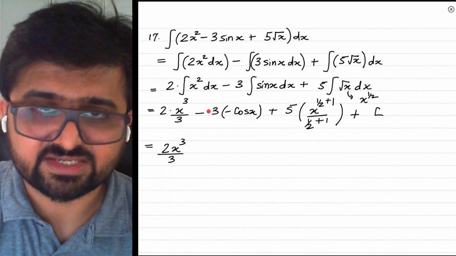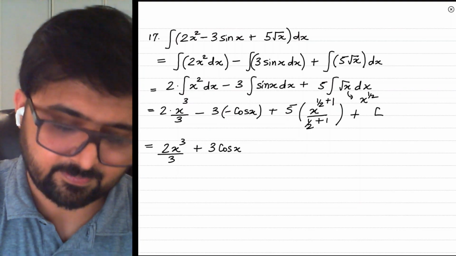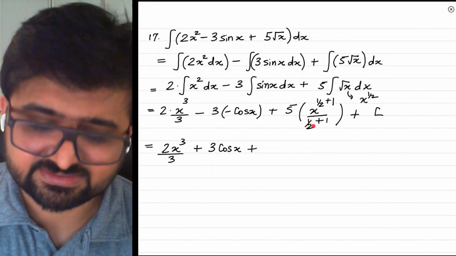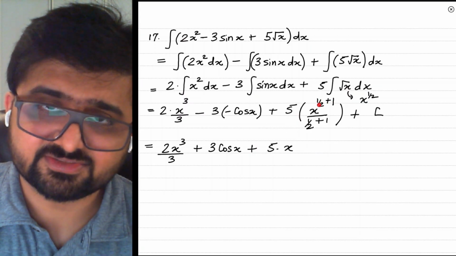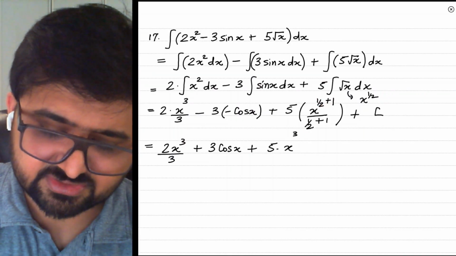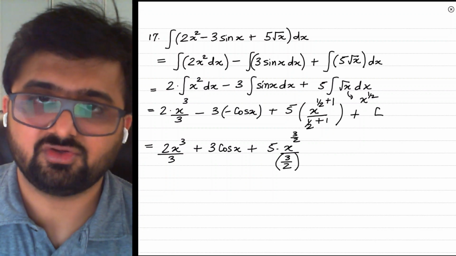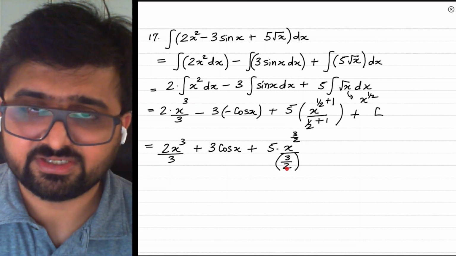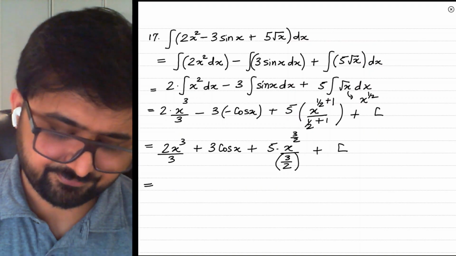This minus and minus, negative and negative, will become positive 3 cos x, plus, now this half plus 1 is 3 by 2. So 5 x to the power half plus 1 is 1 plus 2 divided by 2, which is 3 by 2 over 3 by 2. Now again, that 2 in the denominator's denominator will go in the numerator. Let's also add the constant c.